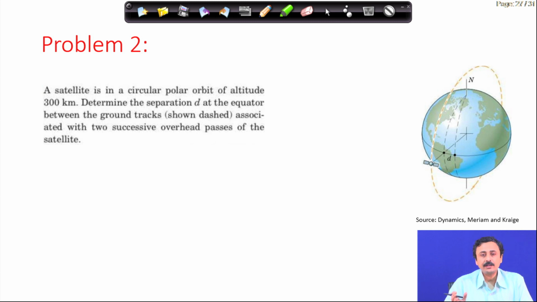When it comes back again, the earth has rotated, and therefore the point which is directly underneath the satellite has shifted, a new point has come. We have to find out the distance between these 2 points, associated with 2 successive overhead passes of the satellite.